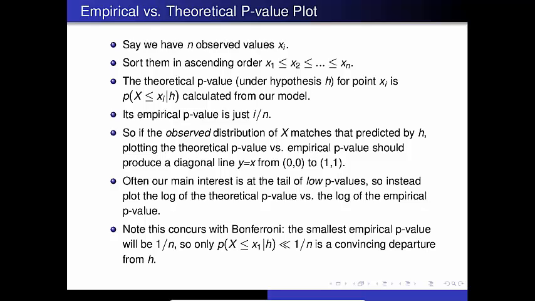So they're going to be clustered way down at small p-values. So when we plot the empirical rank versus the calculated p-value, it's not going to lie on that diagonal line, right? You see the kind of deviation that I'm talking about?